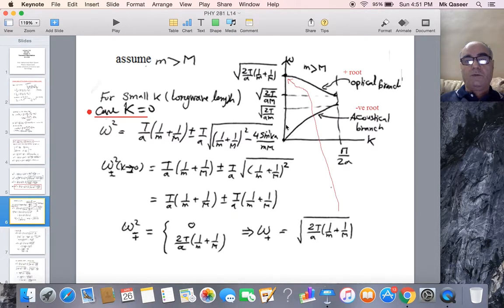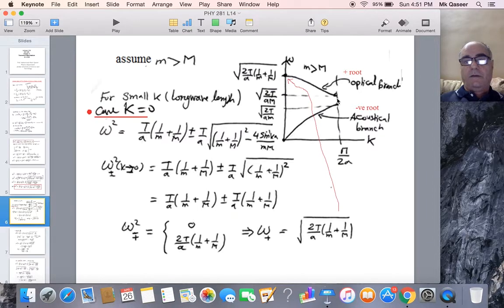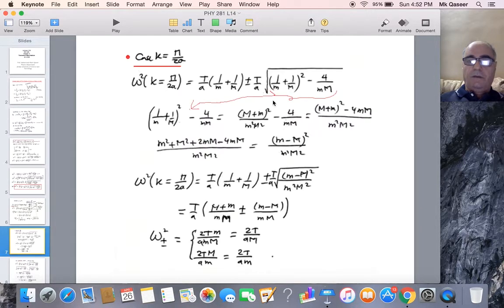So we have two roots at k equals 0, and here I'm considering m small greater than M capital. At the zone boundary, instead of k we substitute pi over 2a, and we get two things, one from the lower sign and the other from the upper sign. The lower sign is divided by m small, and the upper sign by M capital. Now we have 4 points. These are the calculations.